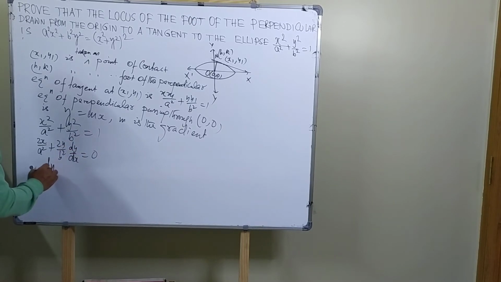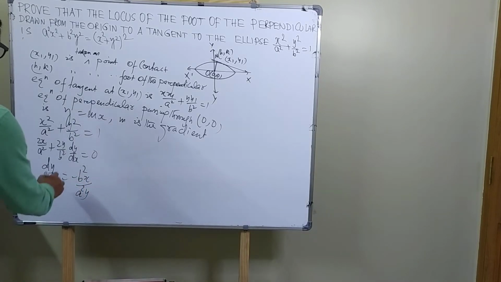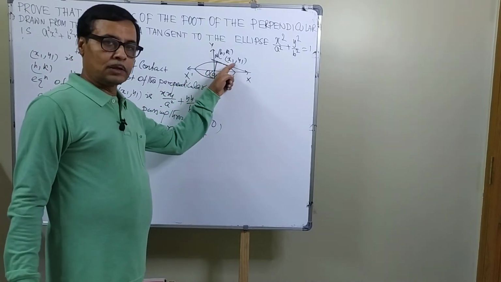So dy dx equal to minus b square x over a square y, and also tangent is at x1 y1.